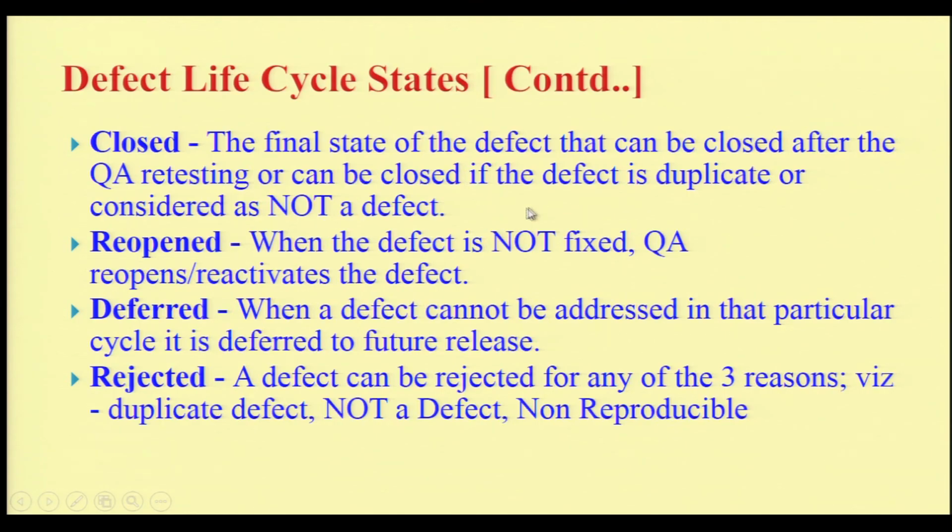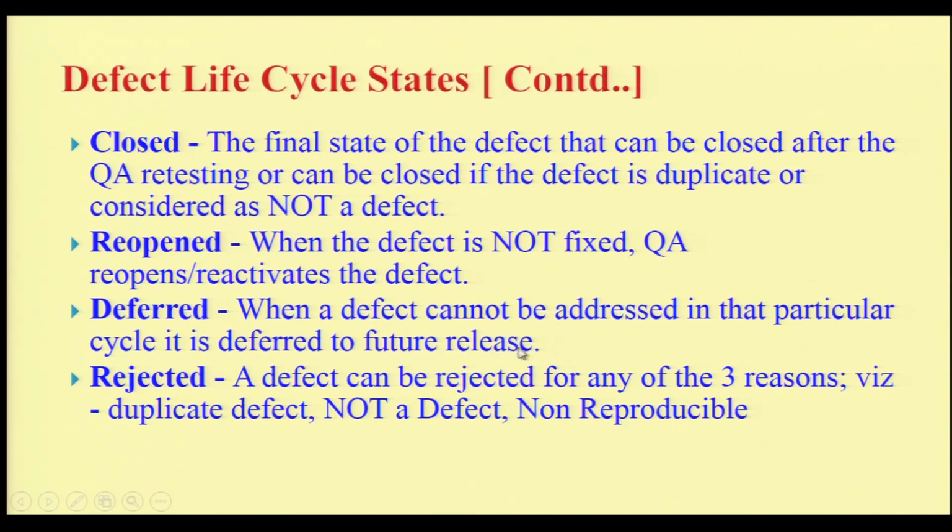Closed determines the final state of the defect that can be closed after the QA retesting, or can be closed if the defect is a duplicate defect, or can be considered as not a defect at all. It will be reopened when the defect is not fixed, or when the QA thinks it should be reopened or reactivated.